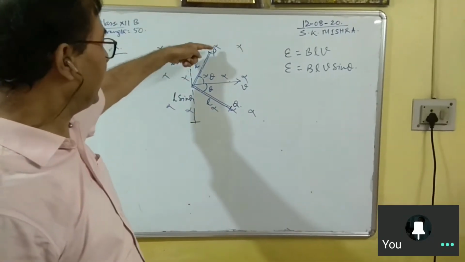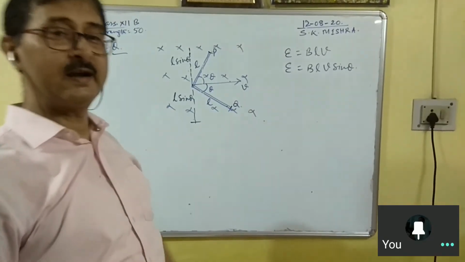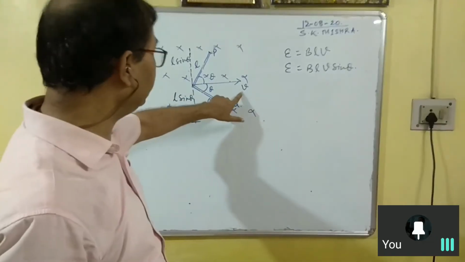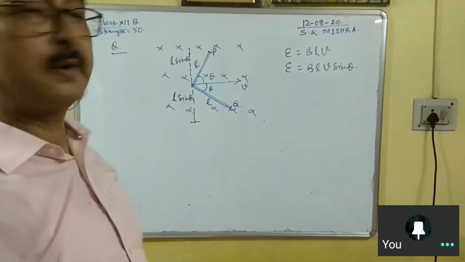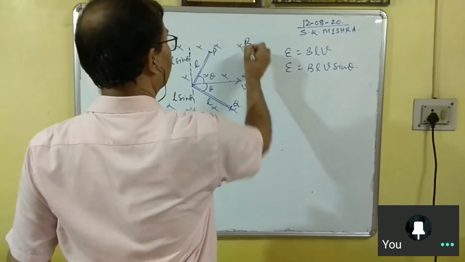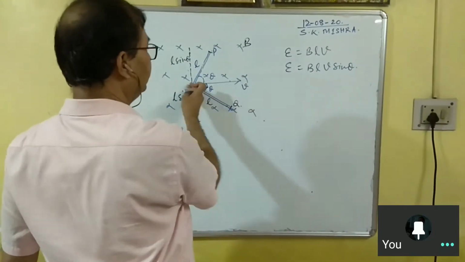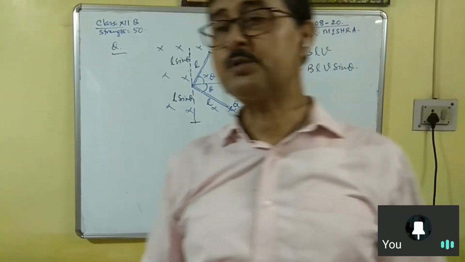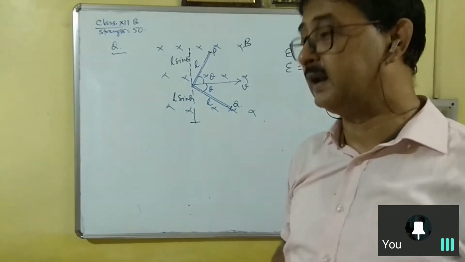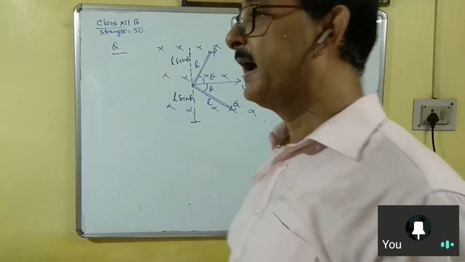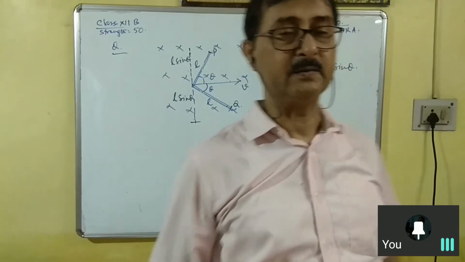If you have an L-shaped rod, take the effective length which will be perpendicular to V as well as B. All three parameters, magnetic field B, length L and V, should be perpendicular to each other. Then induced EMF is BLV: magnetic field, length and velocity.